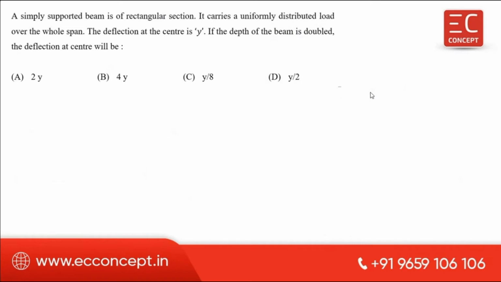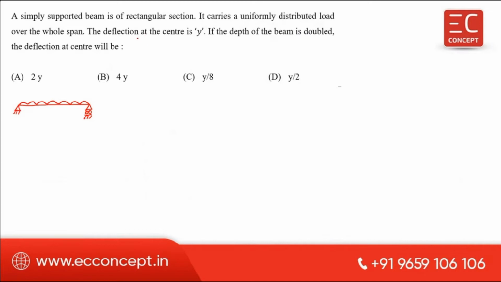A simply supported beam of rectangular section carries a uniformly distributed load over the whole span. There is a simply supported beam subjected to a UDL acting throughout the span. The deflection at the center Y is measured. If the depth of the beam is doubled, then the deflection at the center will be?